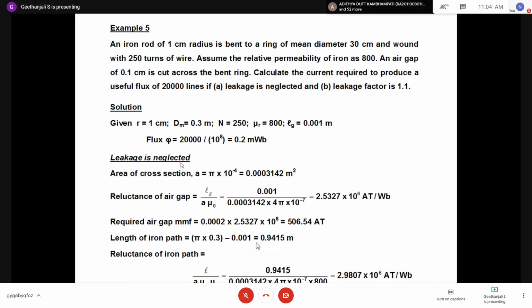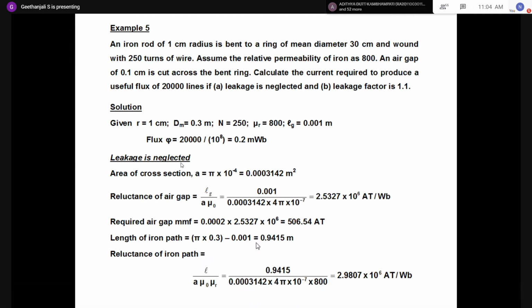So there are two cases. The first case is leakage is neglected. The second case is leakage factor is 1.1. First we take the first case, leakage is neglected. Then the area of cross section is pi r square. Here r is 1 centimeter, so 1 into 10 power minus 2, whole square.